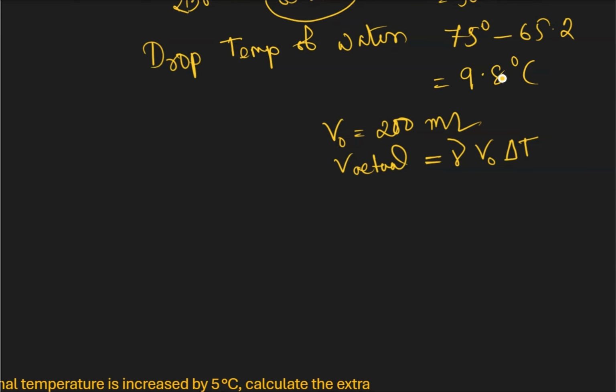Now let's plug in the values: gamma is 50.1 times 10 to the power minus 6, V0 is 200 milliliter, and the change of temperature for water is 9.8.